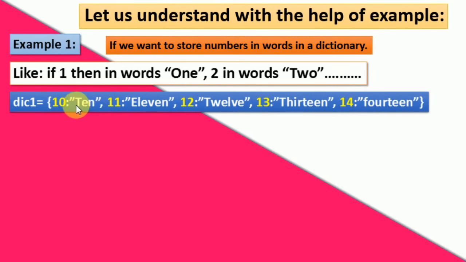Means if we want to access 10, so I write down 10 and it will give me in words TEN. In case of 11, if I want that 11 is going to be displayed in words, I put 11, so it will give me the answer. Means these are going to be the values which are going to access these values that is given. Means I need to use these keys.